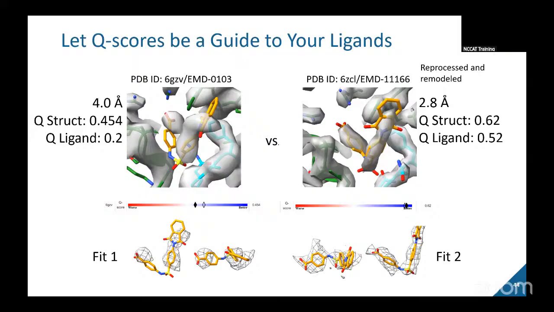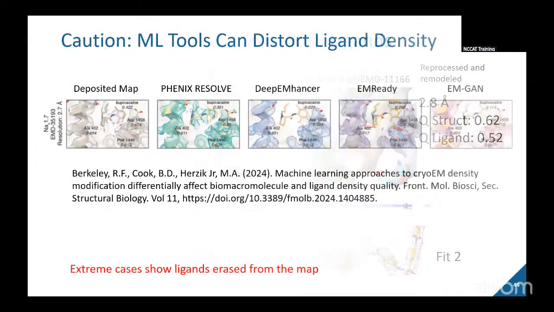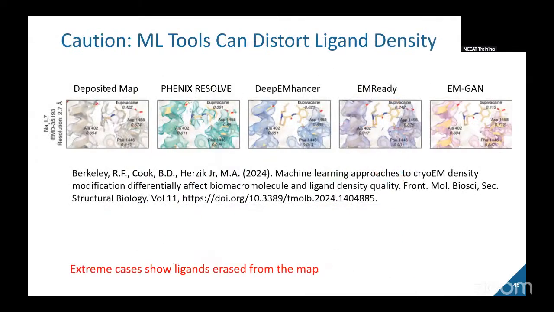As has been said, you just see the density. It's like, whoa, we have to be very careful with how we interpret it. I have a slide coming up very quick. I did want to quickly point out this paper that Mark Herzig recently published, where he showed that these deep learning density modifiers do have unpredictable effects, and in extreme cases, they can even completely remove ligands from maps.